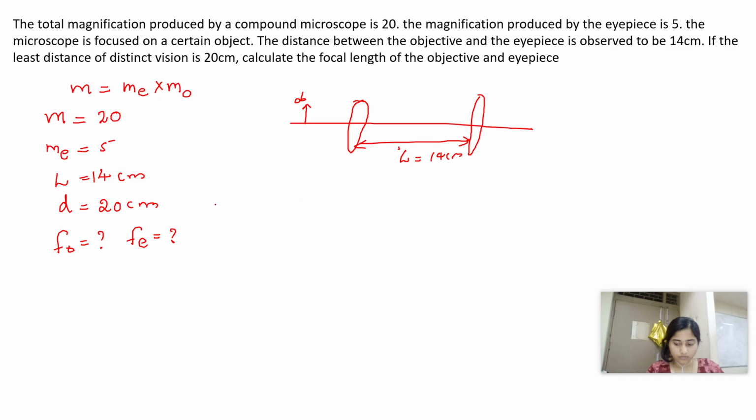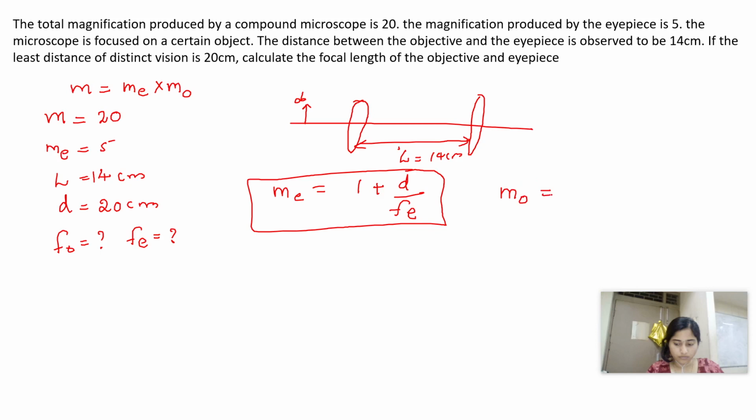In this case you have to remember two formulas. One, for the magnification of the eyepiece, is 1 plus D by Fe. And the other, the magnification of the objective, is V by U0, which already taught in class is the magnification of a normal lens. You can write it as L by minus F0 also.